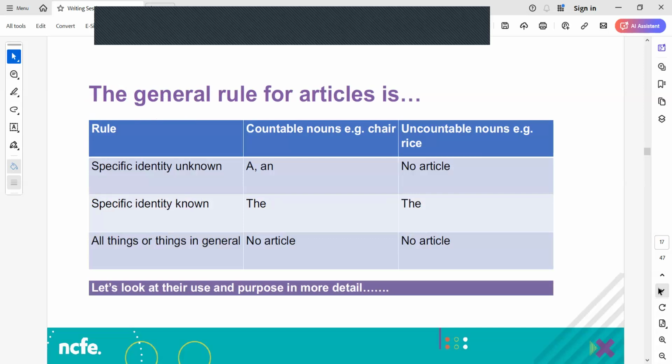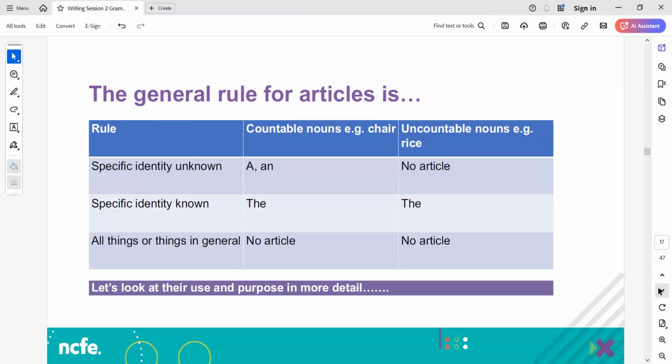So let's have a look at the rule for articles. If the specific identity of the noun being talked about, for example a chair, is unknown, then you would use a for a countable noun. A countable noun is something you could say, there's one chair, there's two chairs, there's 20 chairs.